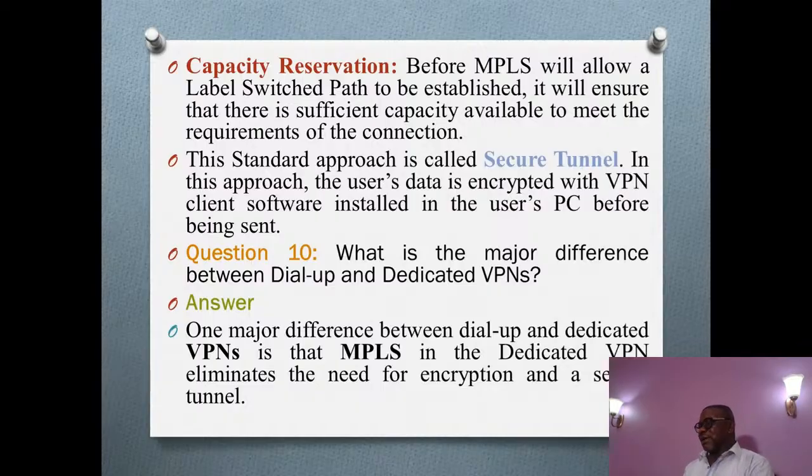For instance, if the capacity available at that time is 10 Mbps, and the data you are looking to carry is 20 Mbps, the system will not connect in the first instance, because if it connects, you will not be able to deliver the 20 Mbps.